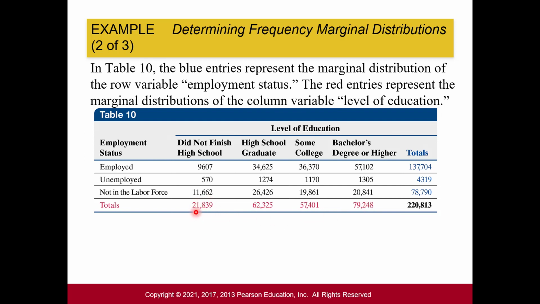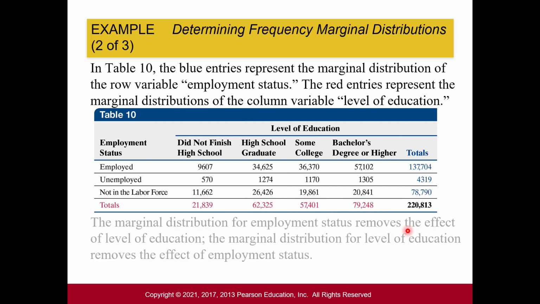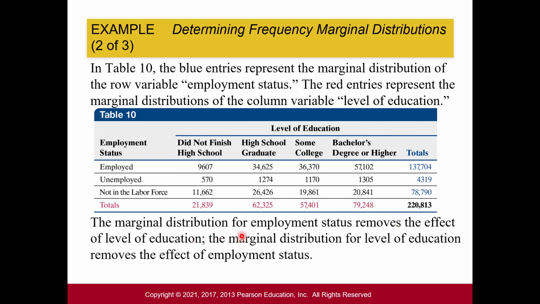So we have did not finish high school totals, high school graduate totals, and so on. The marginal distribution for employment status removes the effect of level of education, and very similarly, the marginal distribution for level of education removes the effect of employment status. So the marginal distribution removes the effect of the other variable.